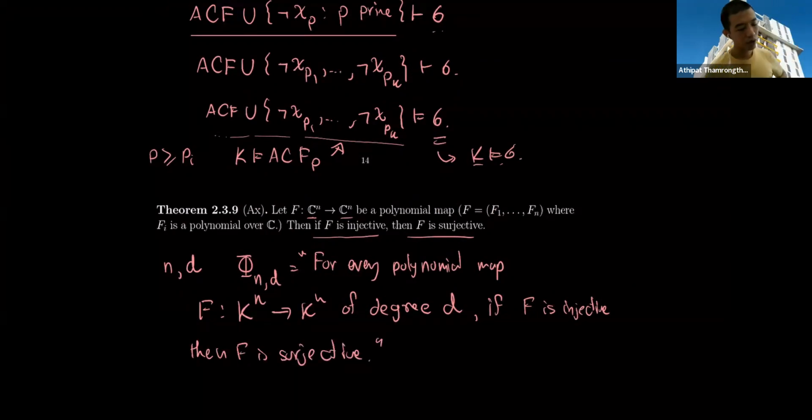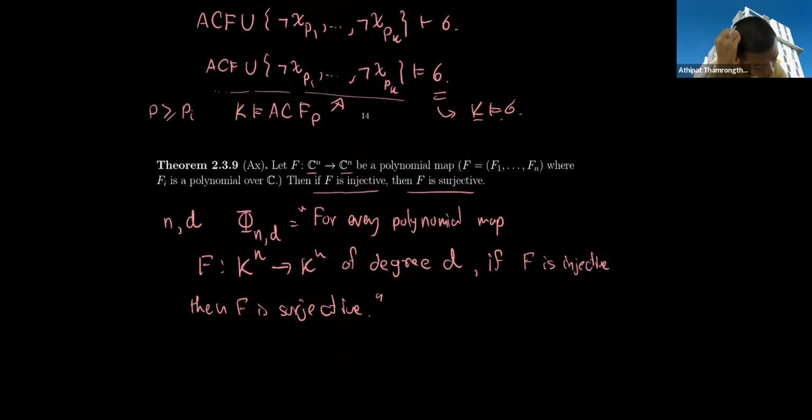So you can consider this one: for every polynomial map f from k^n to k^n of degree d, if f is injective, then f is surjective as well.